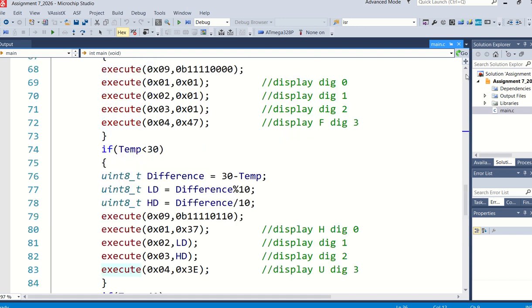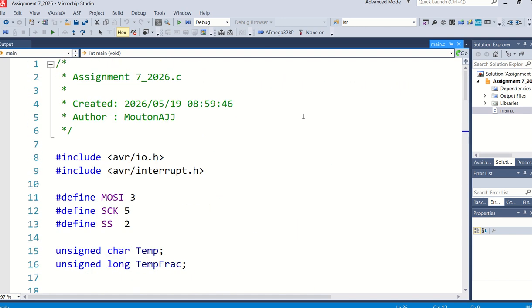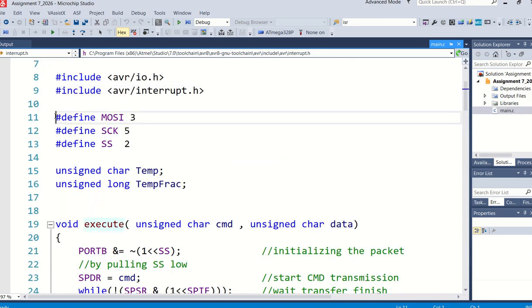Okay, so I see I've actually called interrupts here, but I'm not using interrupts. This is just defining those SPI pins. I've actually defined two variables, temp and temp frac.